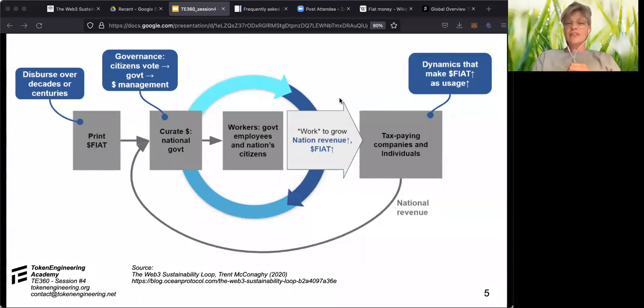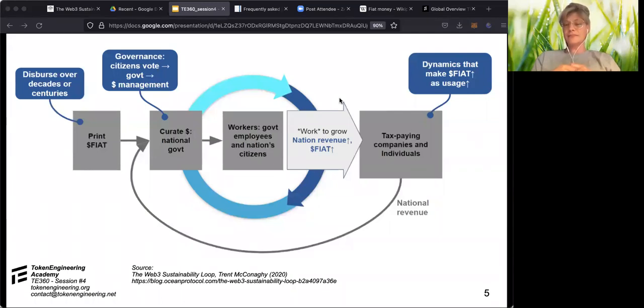It starts with the tax-powered revenue loop in the center and adds fiat to the picture. The government prints fiat on the left, which is then used as income alongside tax to be curated and spent by the government. The nation performs work to grow not just GDP and tax base, but also the value of fiat itself.